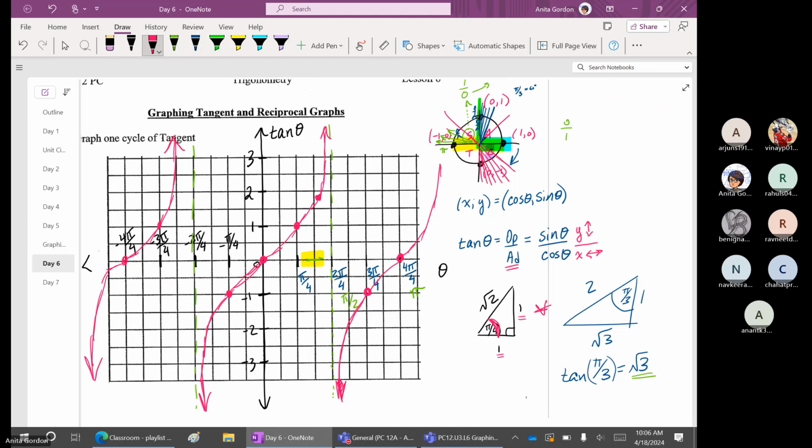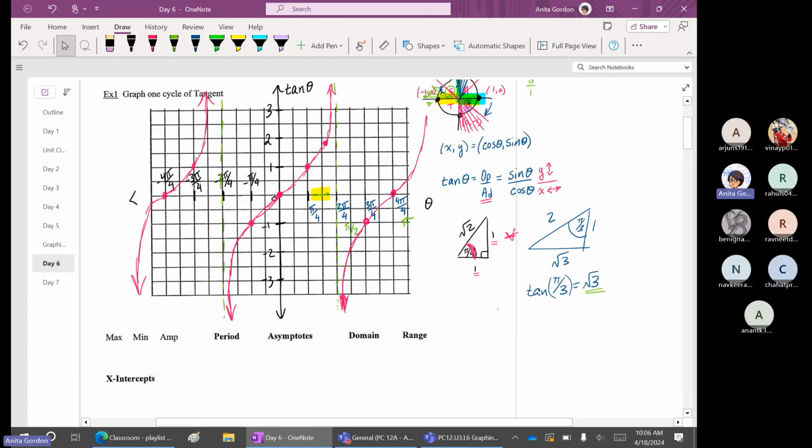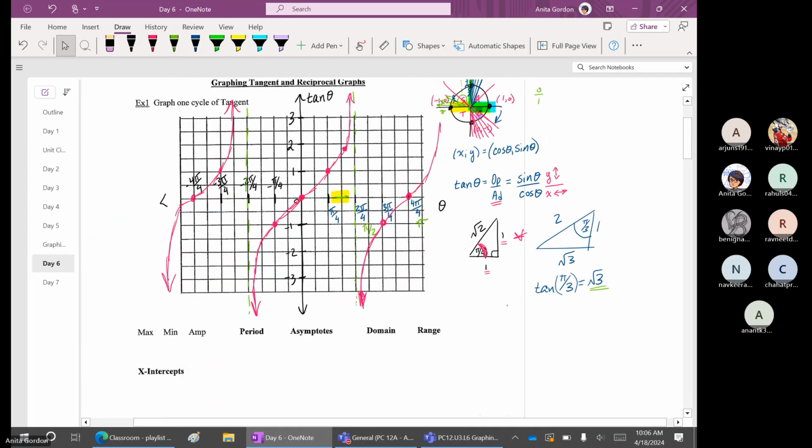Okay. All right, let's talk about some key features of our tangent graph. What would be our maximum? Do we have an end point? No. So tangent goes on and on forever. So there is no maximum value. What about my minimum value?